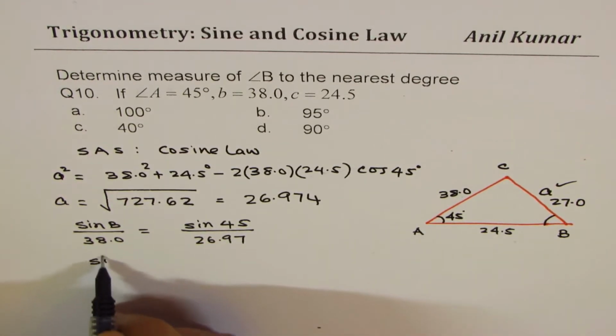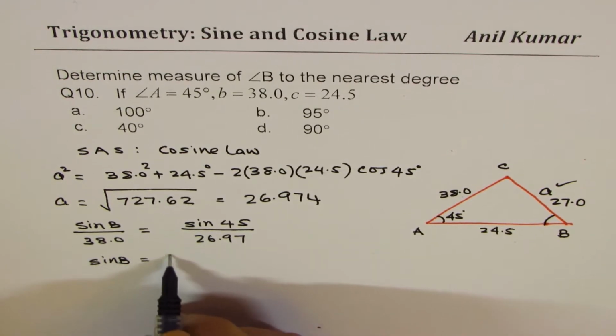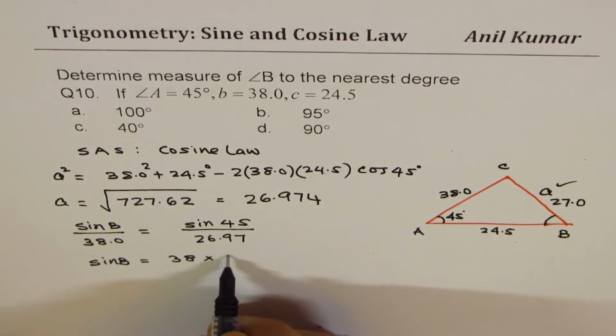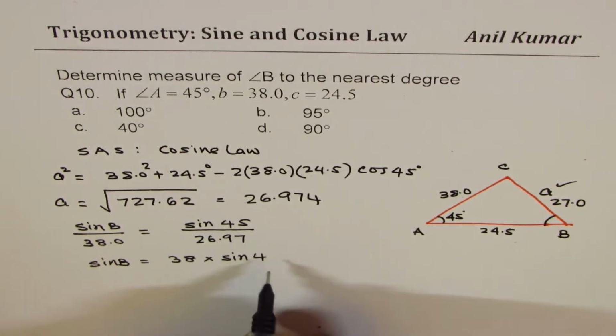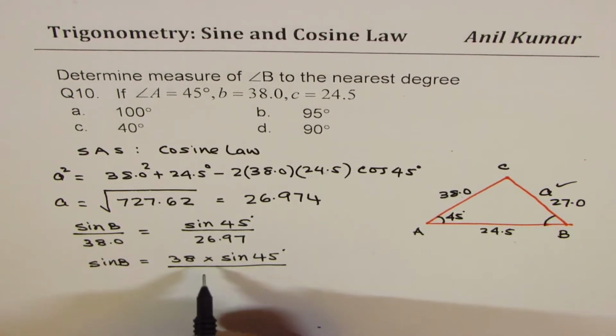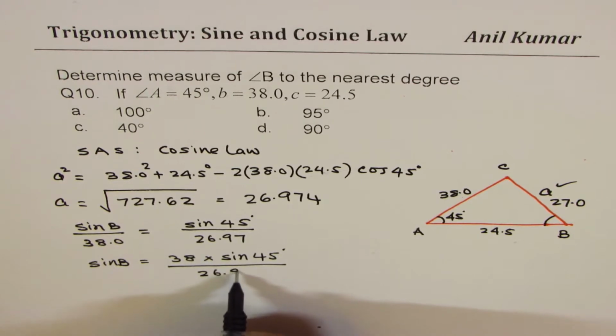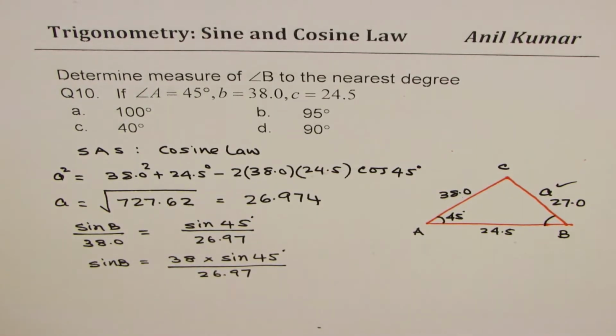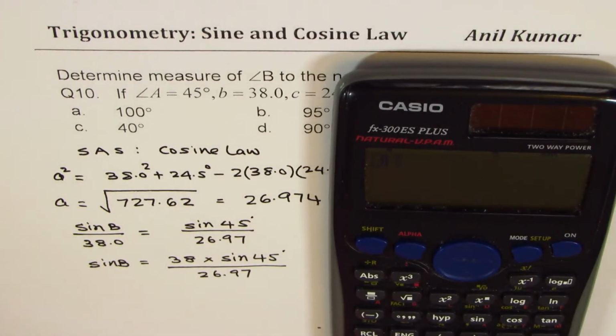Then we get sine B as equal to 38 times sine of 45 degrees divided by 26.97.